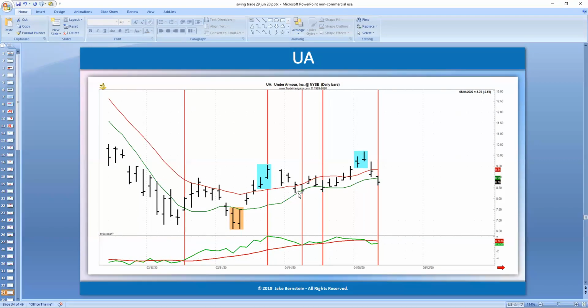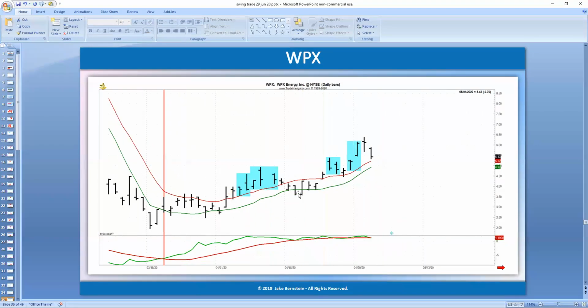Let's go to the next chart. WPX. And what I want you to notice is this. Even though many of these stocks are not in the same industry group, the patterns are the same, by which I mean buy setup over here, buy trigger over here.